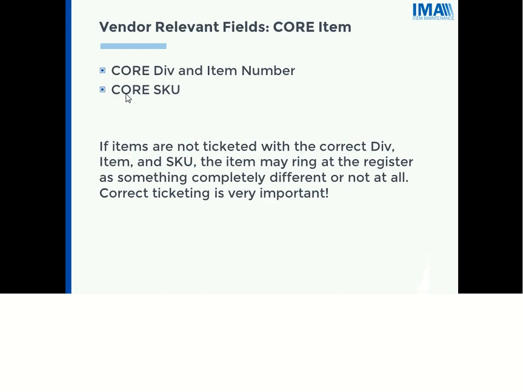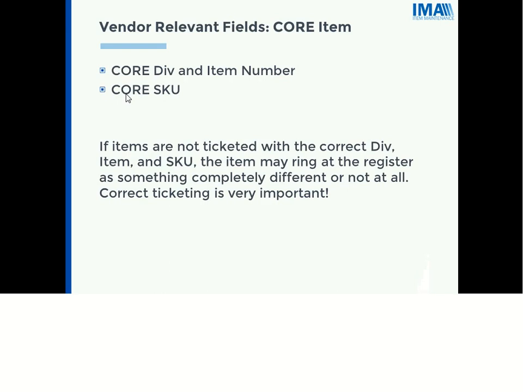Because it has to be ticketed correctly, or the item may not ring at the register correctly. And if it gets to a store and it gets out on the floor and it doesn't have the right core item number on that, then we actually have to pull it from the floor. And it's a 7 to 10 day process to correct in IMA because of the disconnect between IMA and core, and how it has to export the information to core. So it does take a while to correct.